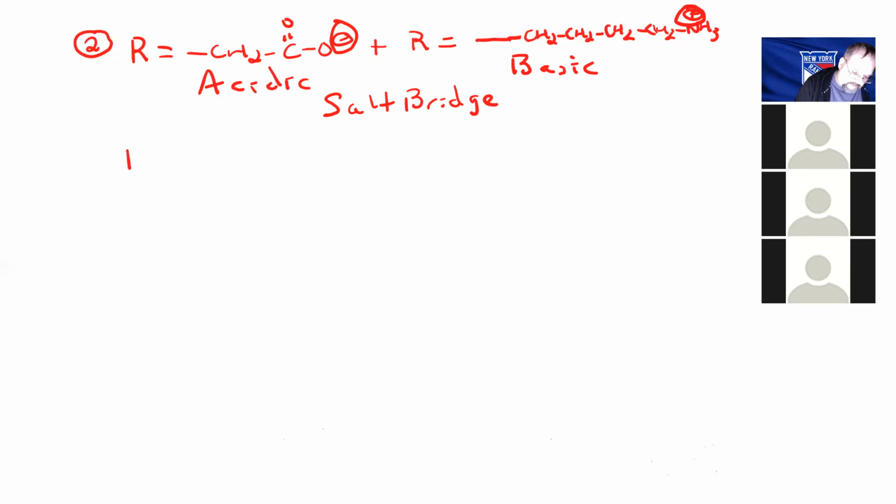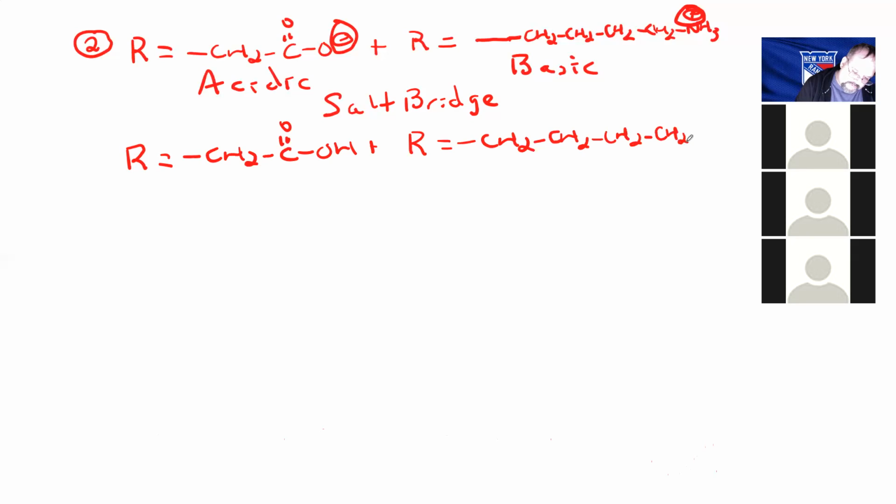Now, let me just show you a difference. Suppose we had the same two side chains, except we were under basic pH conditions. I just ran out of room on my board to draw, so actually, let me move the chat. I can fit it in.